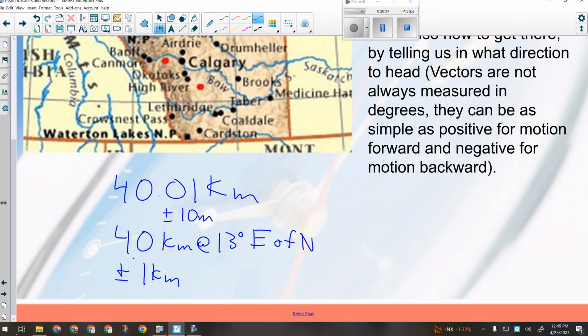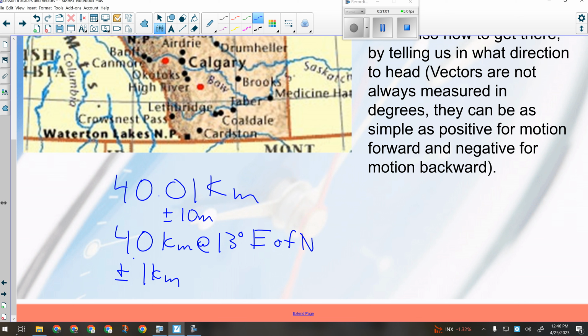So that tells me that Calgary is somewhere between 39.99 and 40.02 kilometers. That's more accurate. So your accuracy depends on how you measure something, not whether or not you get a direction with it.